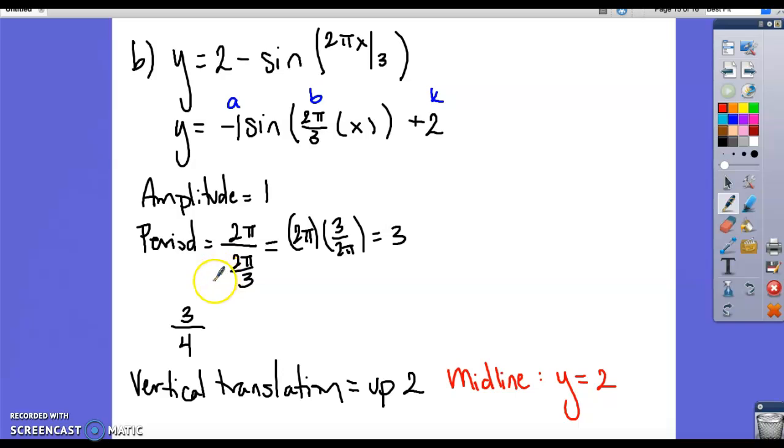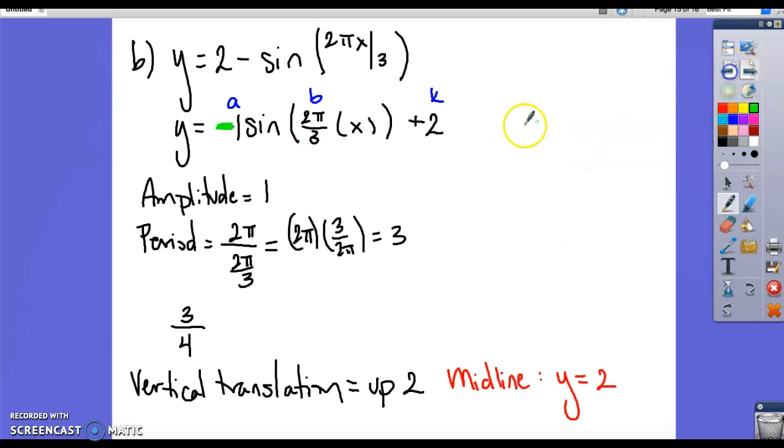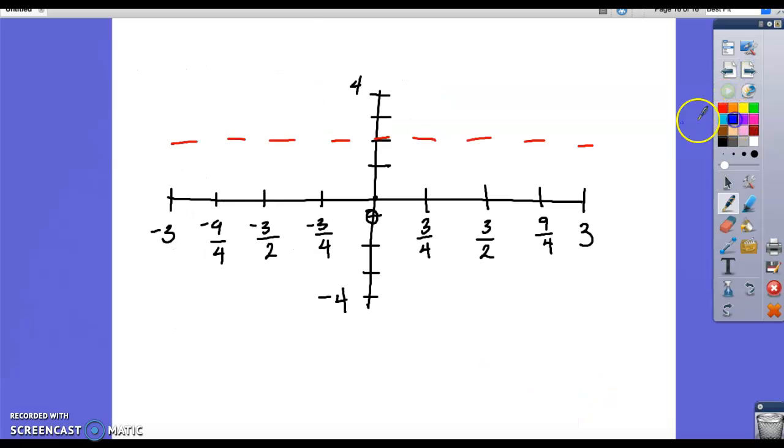The last thing we need to look at is this negative sign. Usually when I graph sine, if I start at 0, I go up to the max, to the midline, down to the min, to the midline. However, this is a reflection across the x-axis, so that changes it.